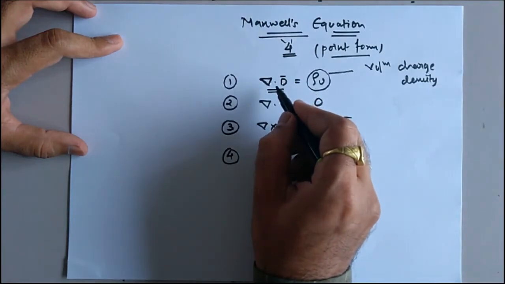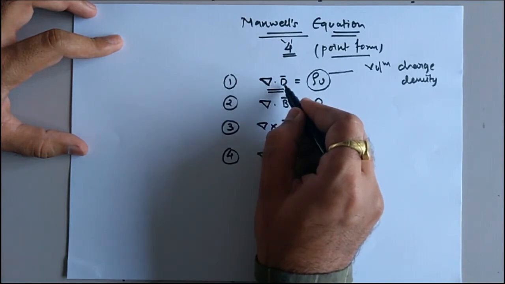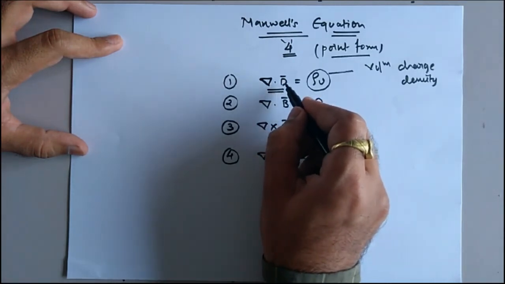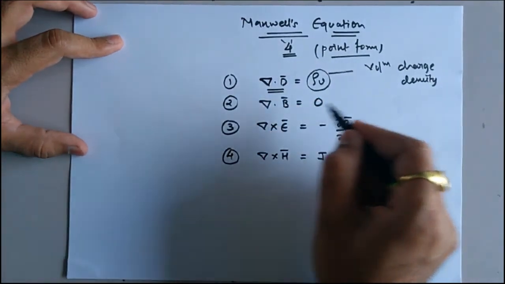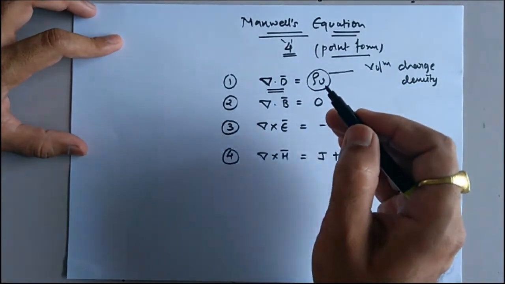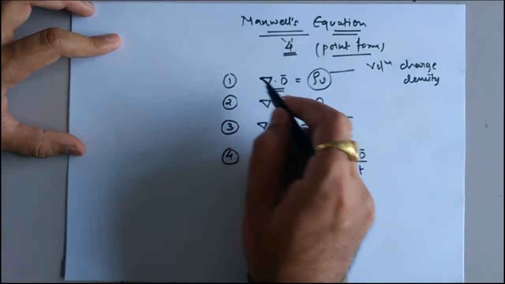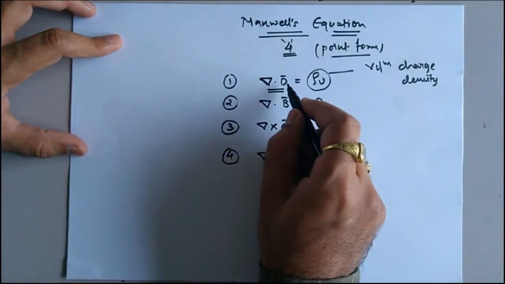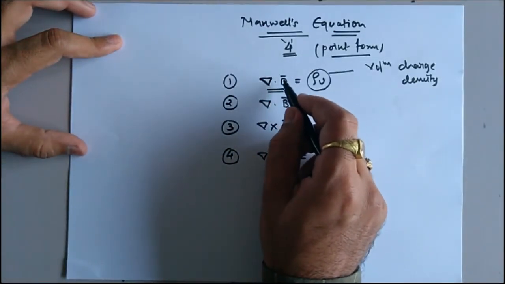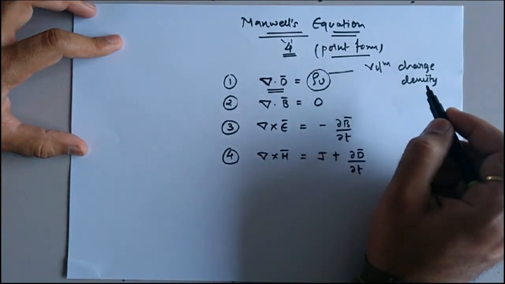So divergence is what? When we take the dot product of the del operator with another vector, and we want to study how this vector field varies with respect to space in a given 3-dimensional space, that is called divergence. So Maxwell equation 1 indicates that if you take the divergence of the electric flux density, the output is the volume charge density.